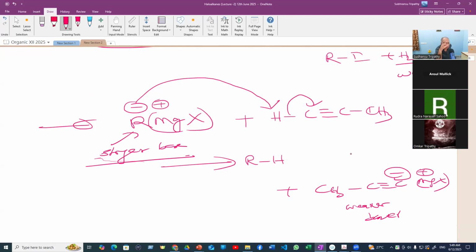Alkyne has a pKa of 28. This is 40 something. So since alkynes are stronger acids than alkanes, alkynide ions are weaker bases than alkyl carbanions. So this is feasible, but the reverse reaction is not feasible.